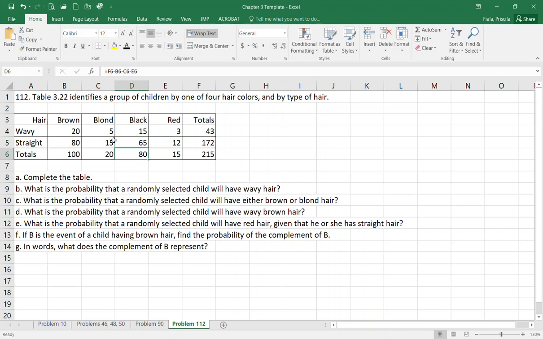So 80 plus 15 is 95, plus 65 is 160, plus 12 is 172. Okay, so there we go. You now have all your totals, which is going to be very important to define your probabilities.